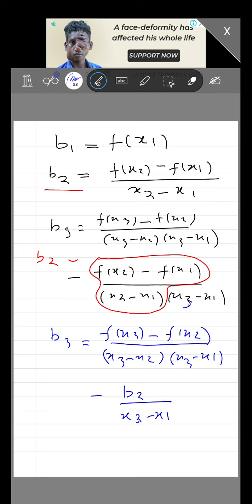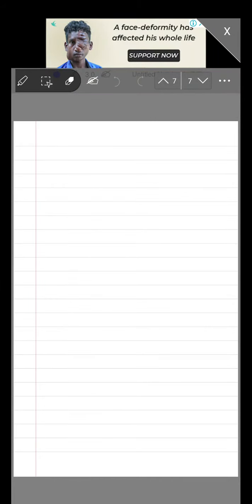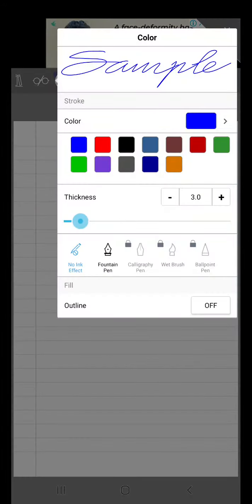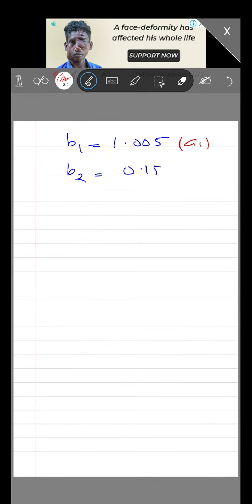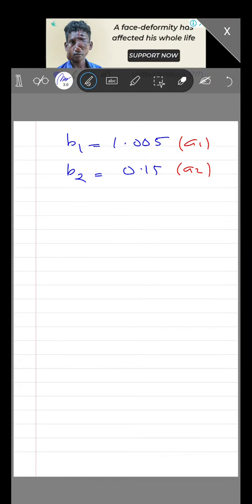So if we substitute the values in the current problem, we get the value of b1 as equal to 1.005. We get the value of b2 as equal to 0.15. This is similar to the values of a1 and a2 obtained previously, and the value of b3 is 0.5.